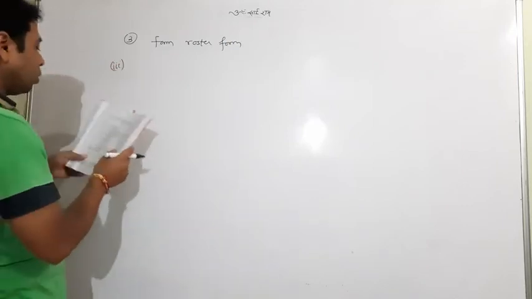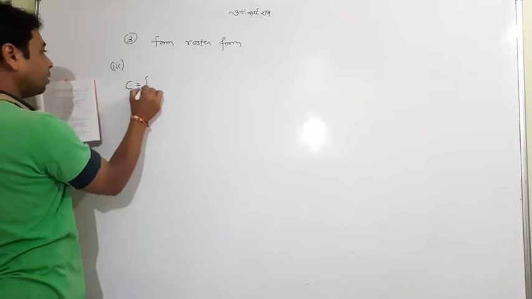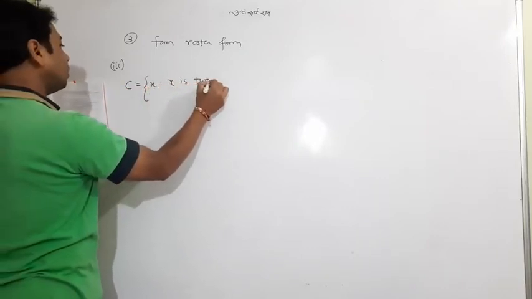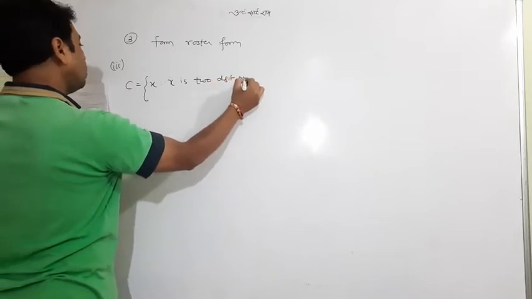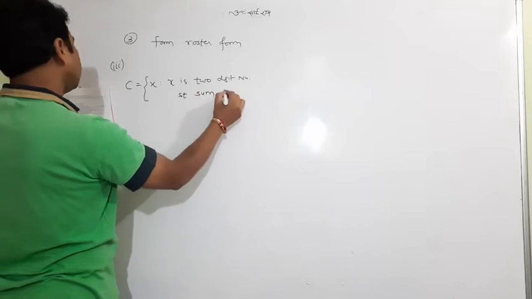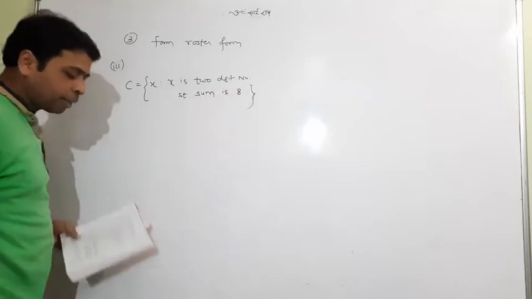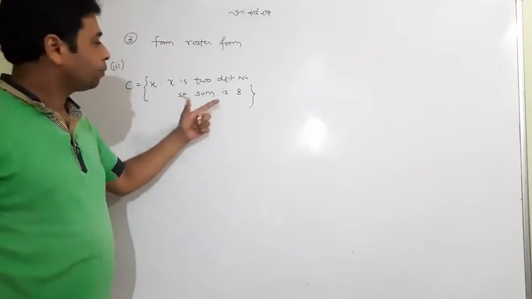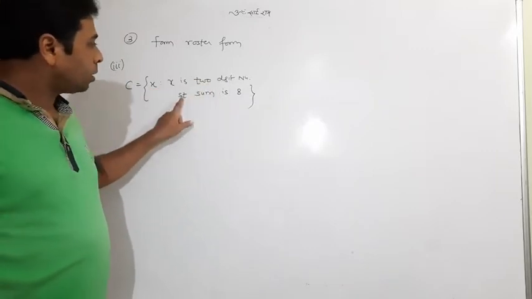Taking the third item, the question says C is a set of X such that X is a two-digit number and the sum of digits is 8. I am not writing the whole question, but the major part. So you just have to search for the two-digit numbers whose digit sum is 8.